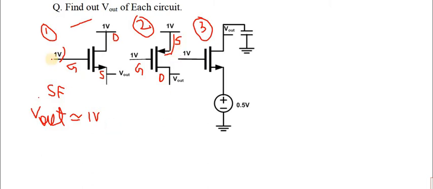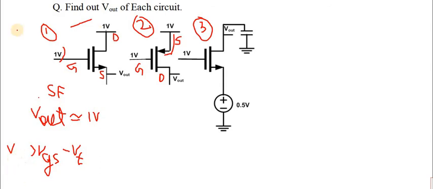Now everyone knows that for saturation of an NMOS the condition is VDS should be greater than VGS minus VT. I'm writing it like this only.